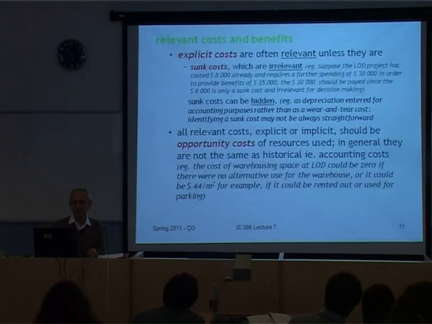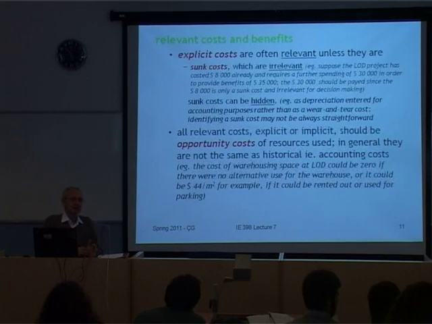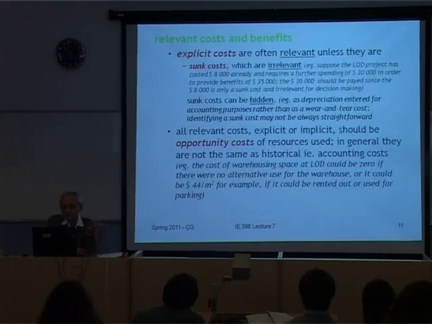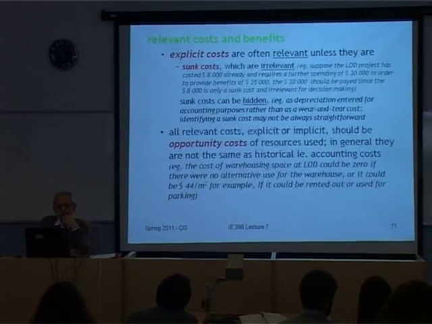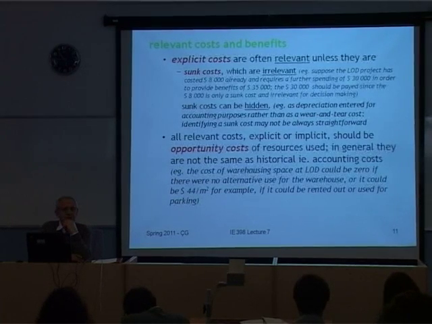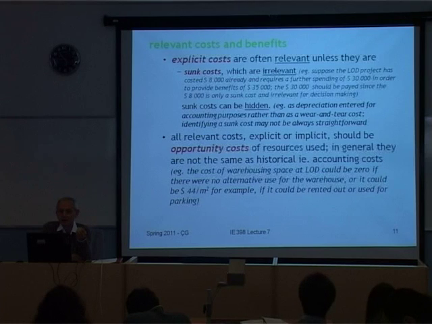A first classification of costs, if you remember, was explicit and implicit. Which costs are relevant for us? Well, explicit costs are often relevant, but in some cases, if they are sunk costs, that is, if we have already spent money on these costs which is not retrievable, then such explicit costs are irrelevant, and we gave an example.